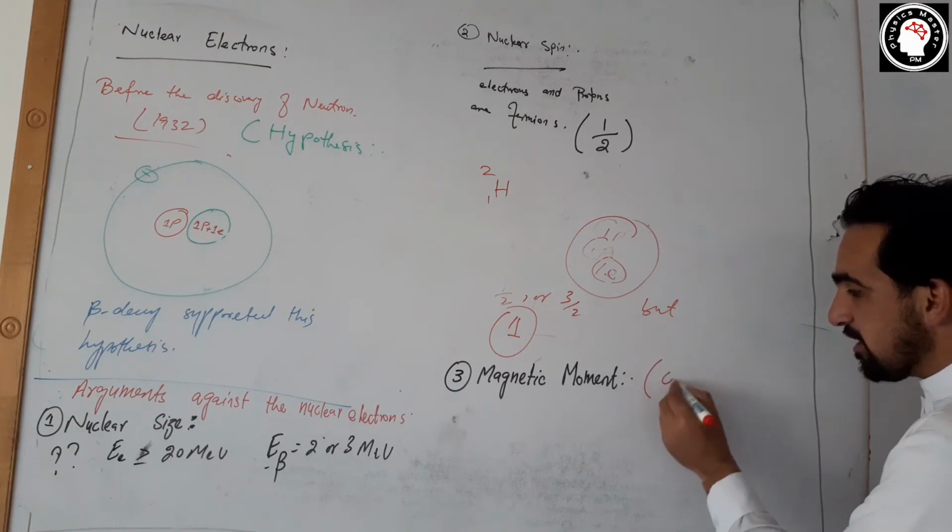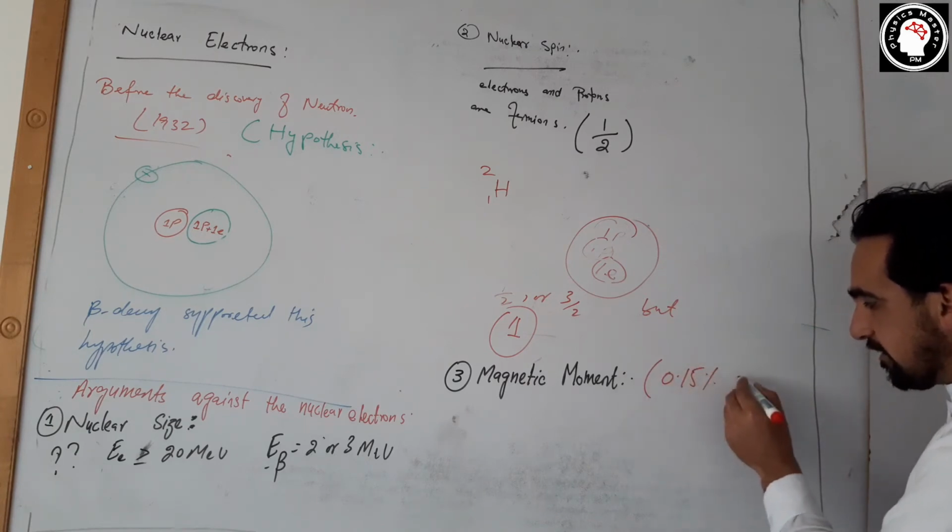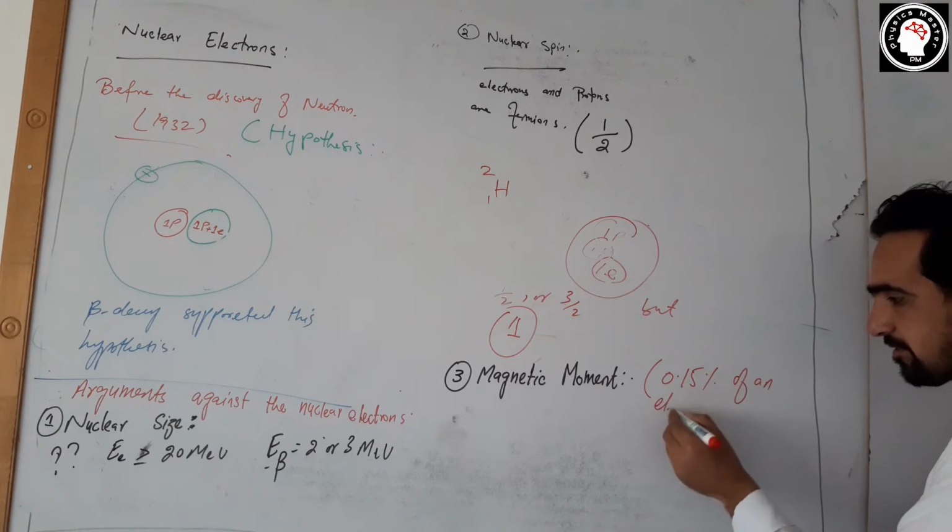Its magnetic moment is 0.15% of an electron.